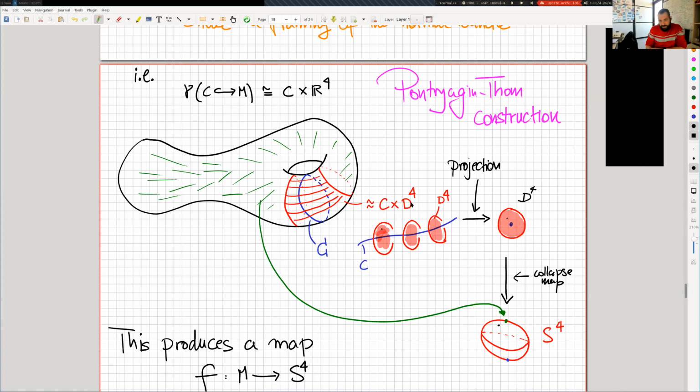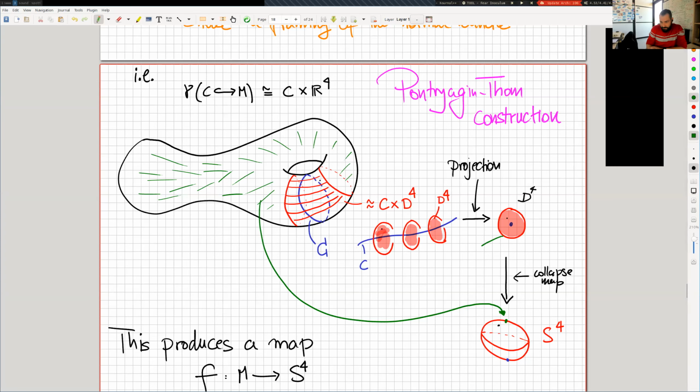And under this identification, the circle will map into the center of D4 and will correspond to this blue point here. Okay, so I handled all the points in the interior of this red region. And what do I do with the other points here? I just map them to the green point, which is the collapse of this boundary.